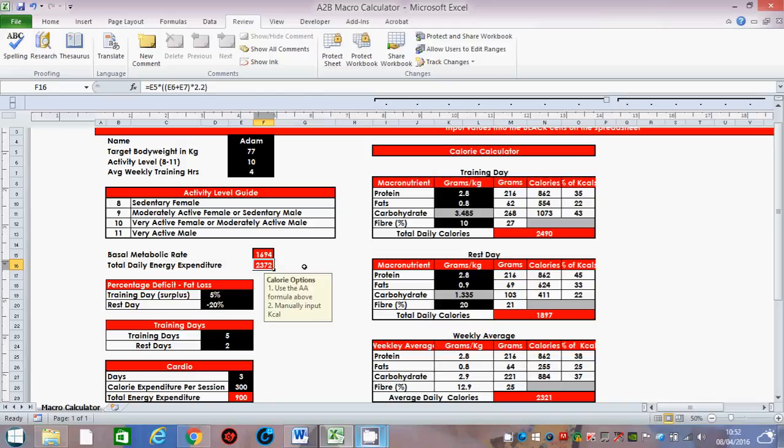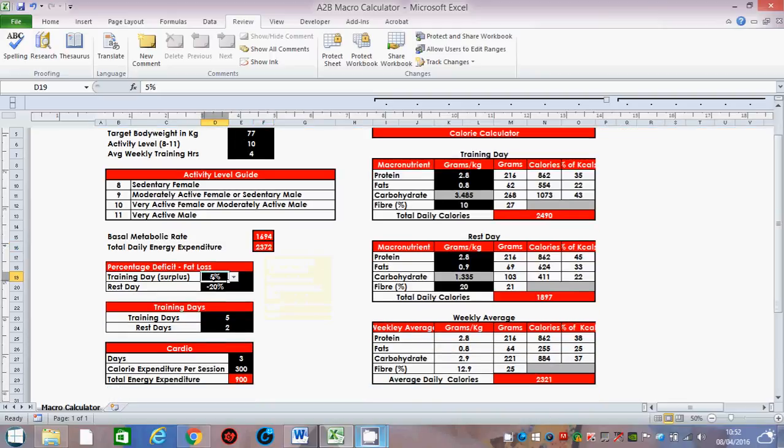Now what we can do here is specify whether we want to eat a little bit more on training days and a little bit less on rest days, which is something I like to do. On training days, I generally like to eat a little bit more to fuel my training. So I'm going to put that in as 5% over my target on the 4 training days I do in the gym.